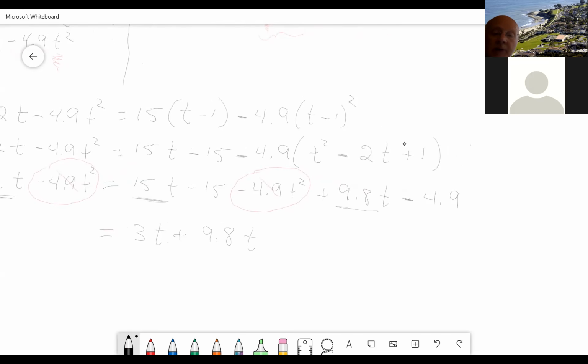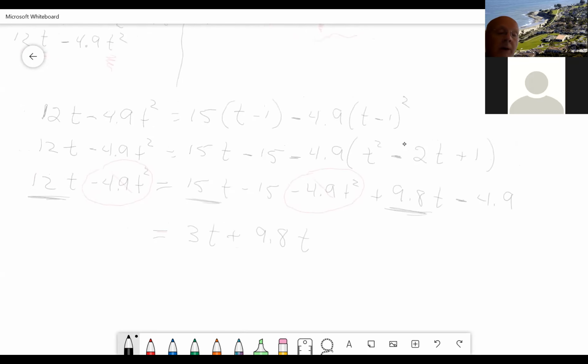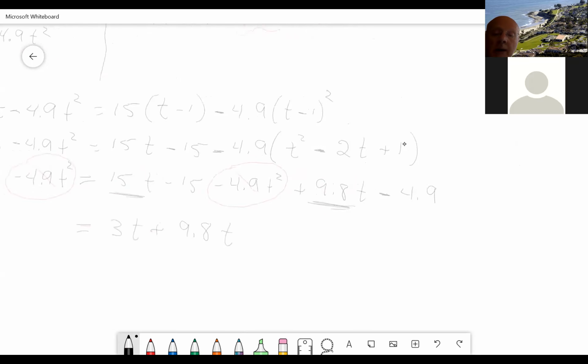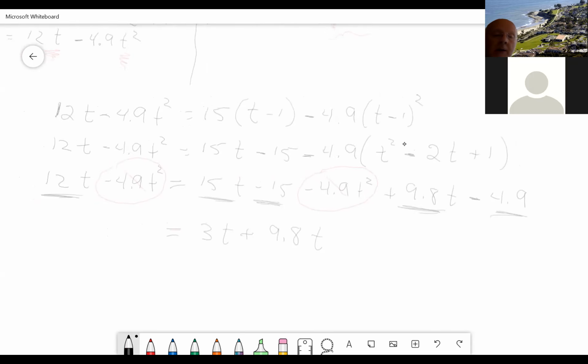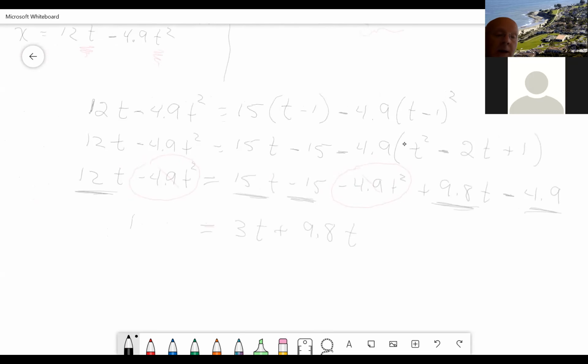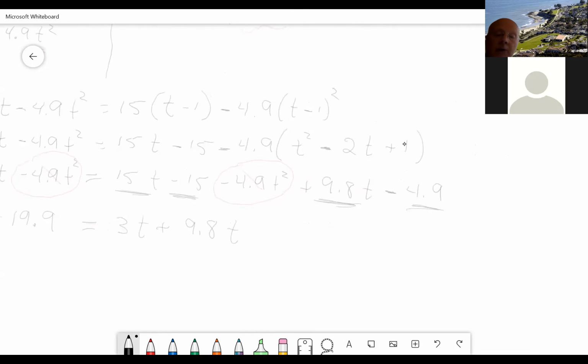So I think I took care of that one, and that one, and that one. The other ones I need to take care of are this 15 and this 4.9. So I'd make 19.9, and 19.9 becomes positive when I move it to that side of the equation.